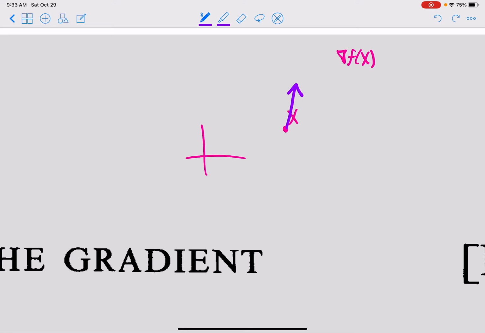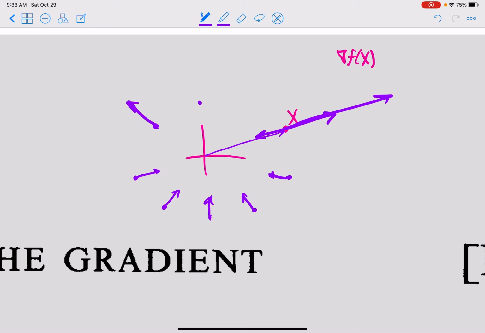What we're saying is that if the gradient is always some multiple of x, it could be longer, could be shorter, could be this way, like at every point it could be facing towards the origin. That would be this situation. Or at every point it could be facing out from the origin, like that.